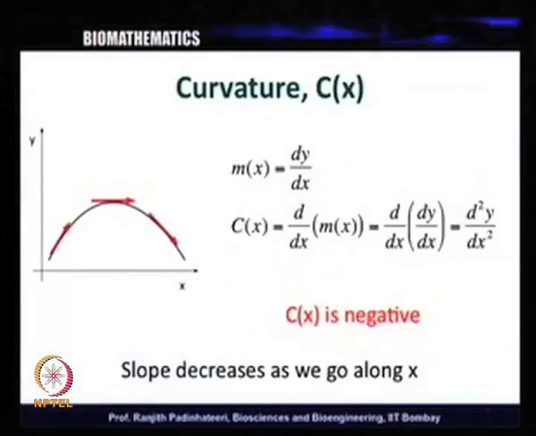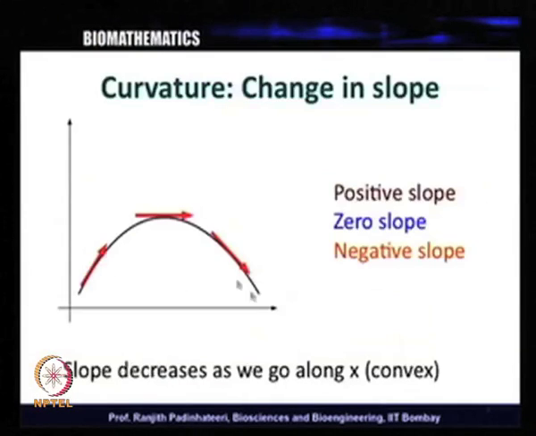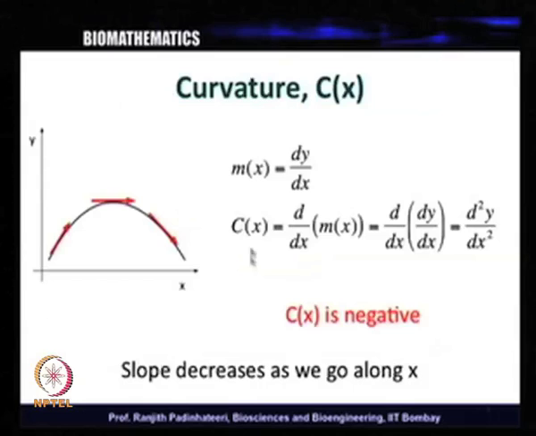So, the next thing we learn is how to find whether this is a maximum or minimum. We mentioned this in the last lecture. If you have a maximum, the slope is going from a positive value to a negative value, the slope will decrease. Or the second derivative, the curvature.